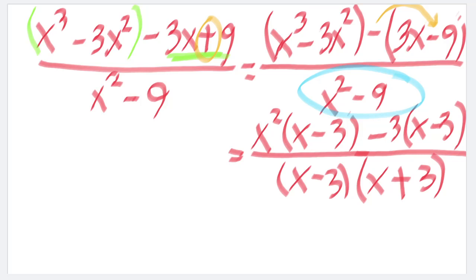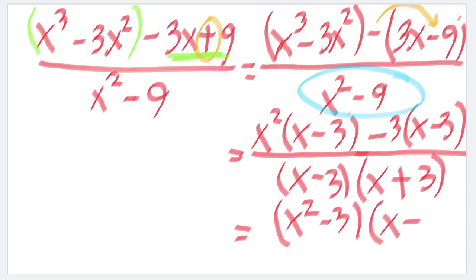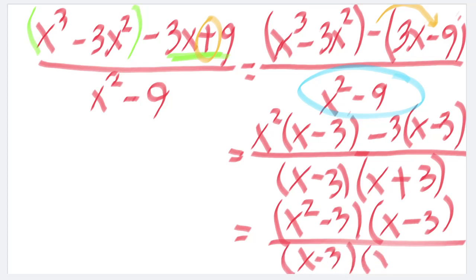So sa taas, common factor na naman yung x minus 3. So we have x squared minus 3 times x minus 3, over x minus 3 times x plus 3.